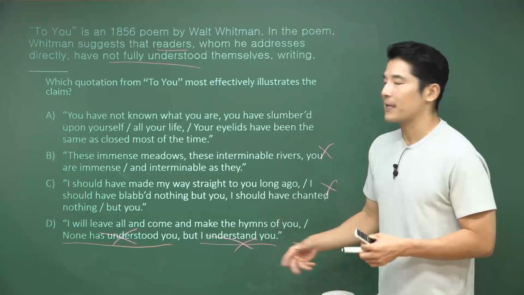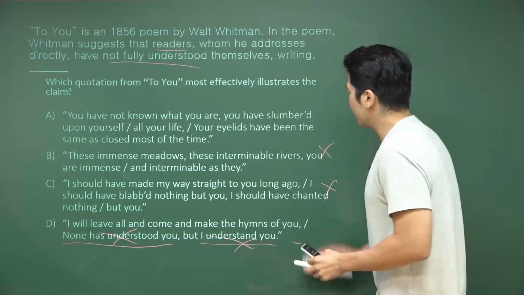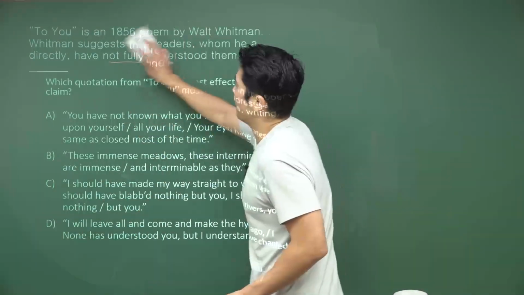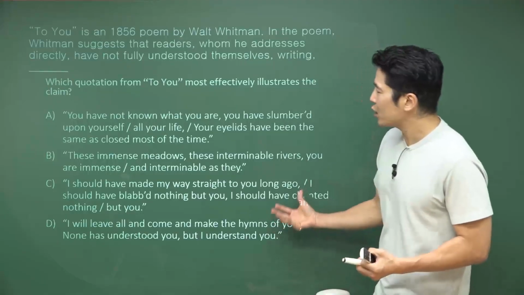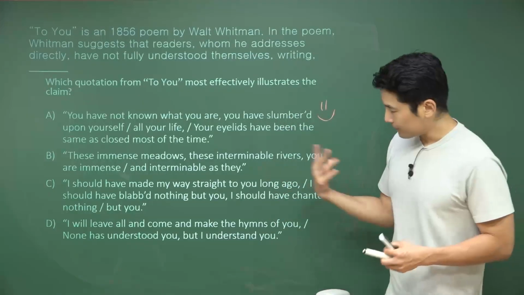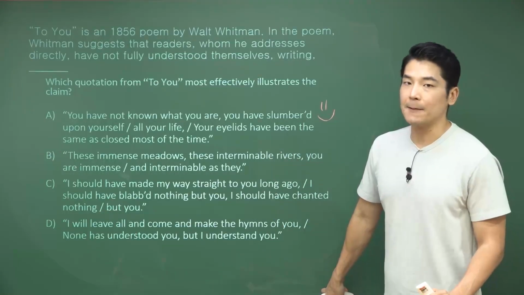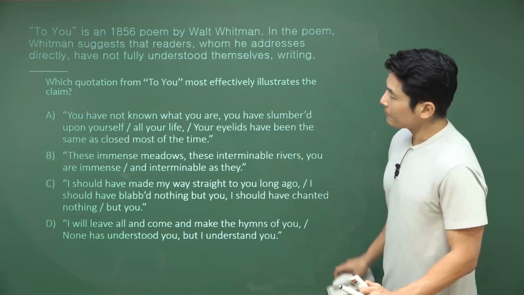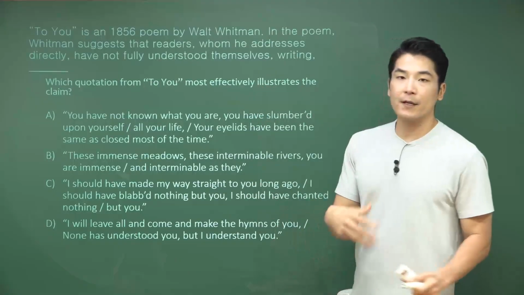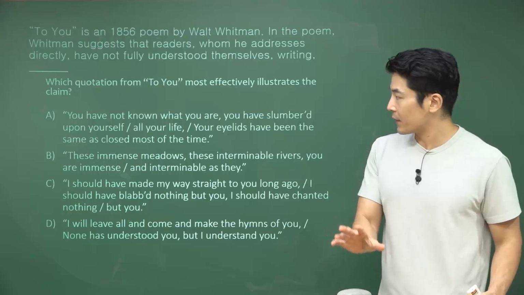That's another reason we can cross out D. Upon more analysis of the remaining answer choices, we can choose A as our correct answer because we're able to confidently get rid of D. And that's where the illustrate part of this question category comes from.